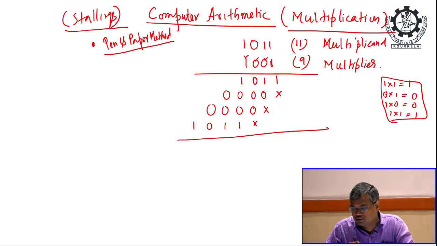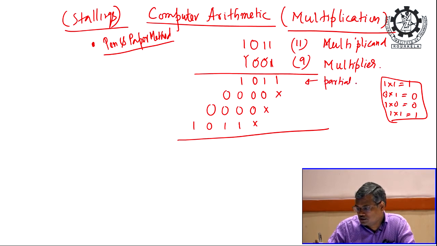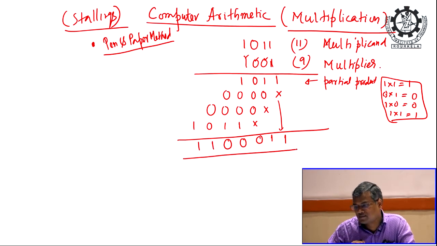Now, we add them. This is called the partial product, and if you see carefully, every time a new partial product is started after shifting one bit to the left side. Then we add it. Ideally it should be 99.